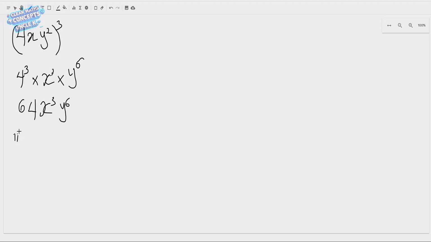Now the second one under that, let's try this out. We have to simplify minus 3 a raised to the power 2 b raised to the power 3, all raised to the power of 4. Now I'm going to say something before I continue. Maybe you don't know it, maybe you do. When you have a negative, let's say you have minus 1 raised to the power n.